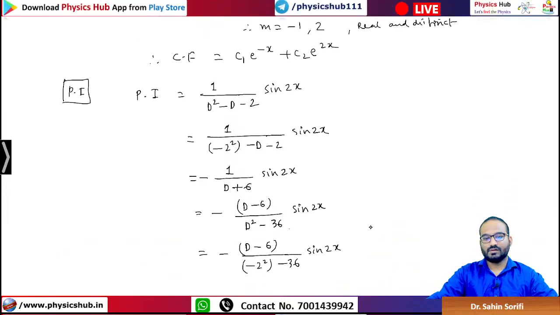Now again we have D square equals minus 2 square, minus 36, sin 2x. So minus 40, minus minus plus, 1 upon 40, D of sin 2x minus 6 sin 2x.